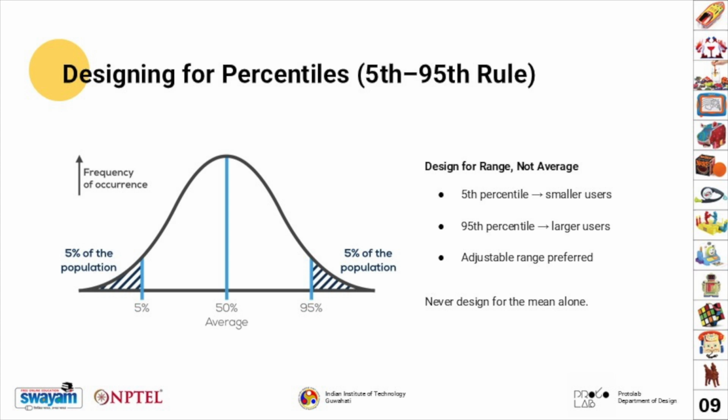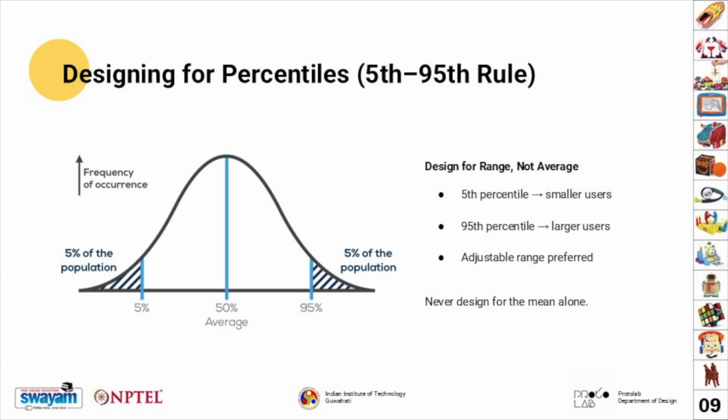For clearance, openings, and space, design for the 95th percentile ensures the largest children in your target age group can fit comfortably. Example, armholes, sitting space, and head clearance in the ride-on toys. Simple rule to remember.